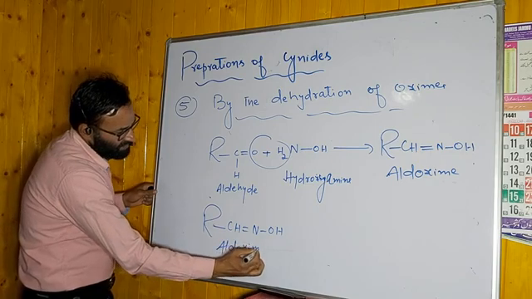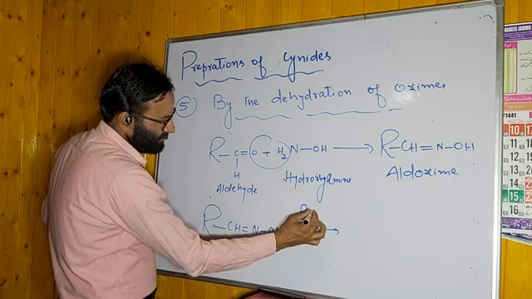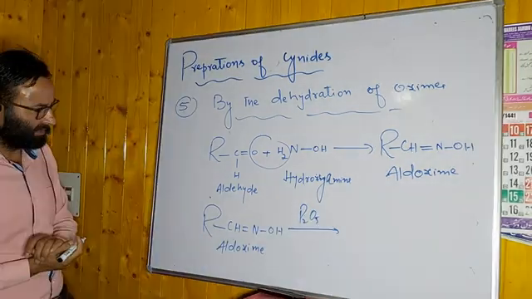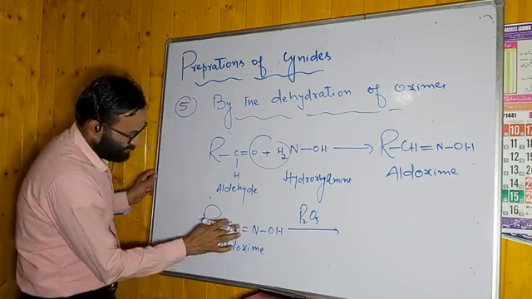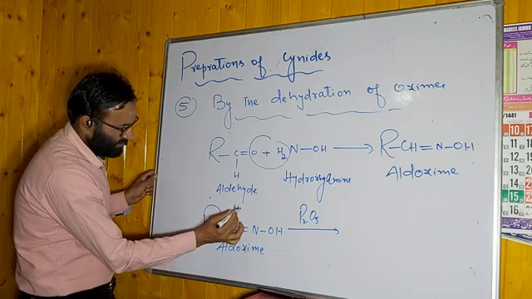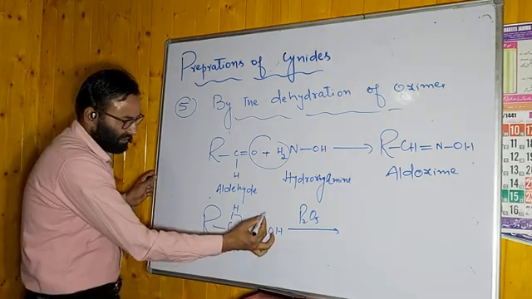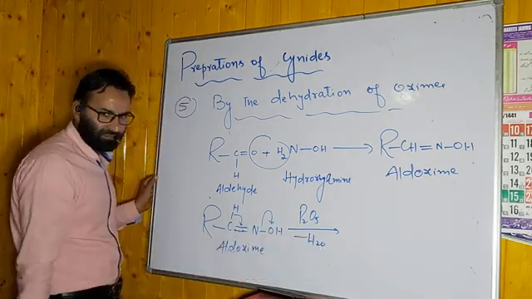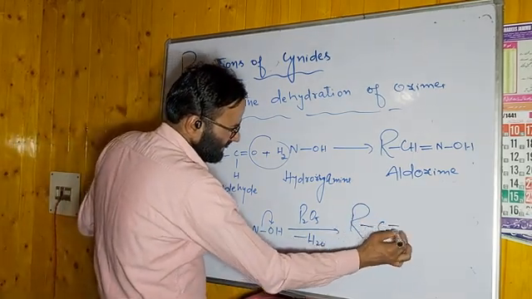This aldoxime, upon dehydration with the commonly used dehydrating agent phosphorus pentoxide, undergoes dehydration. Hydrogen comes out, and OH will also come out in the form of water, H plus and OH minus. And you get cyanide.